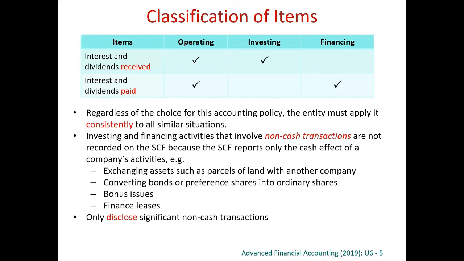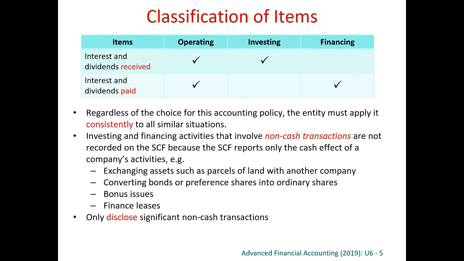The same for interest paid and dividend paid. Some companies, especially financial institutions and holding companies, may classify them as operating activities, but some will classify them as financing activities. As long as it is applied consistently and reasonably, it will be okay.